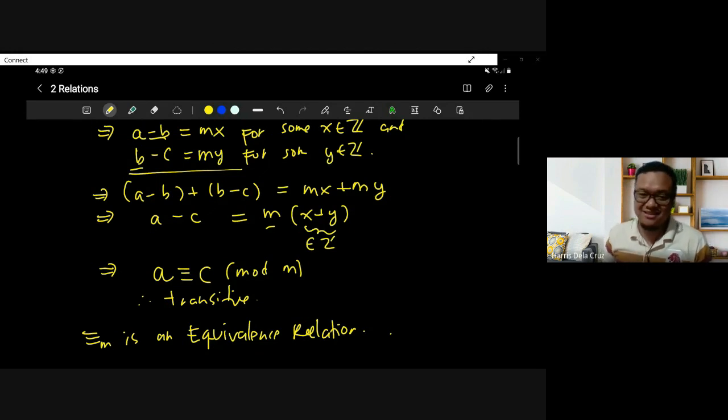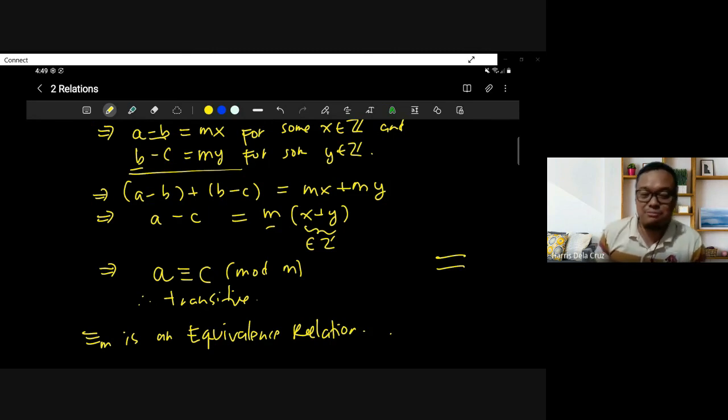Nagdi-discuss na tayo, pero puro antisymmetric yung nakuha natin, hindi reflexive. Pero this is the first example of course, beside the equal symbol. Alam na natin na equal symbol is reflexive, it's symmetric, it's transitive. Kaya nga siya yung pinaka-strong na uri ng equivalence relation. Diba? Equality. So may iba pang uri.